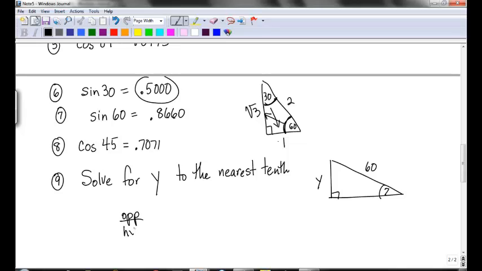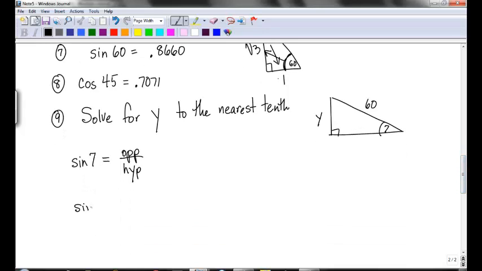Opposite over hypotenuse. Now, go back up here, sine. So what I'm really figuring is the sine of angle 7 is opposite over hypotenuse. Okay, sine of 7 degrees. Opposite side is y. The hypotenuse is 60. Now figure on your calculator the sine of 7. Yep, and I get 0.1219 equals y divided by 60.